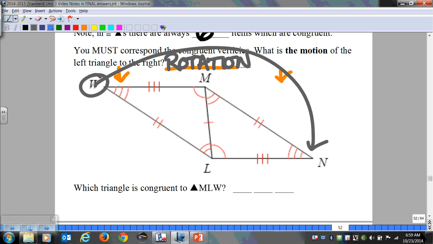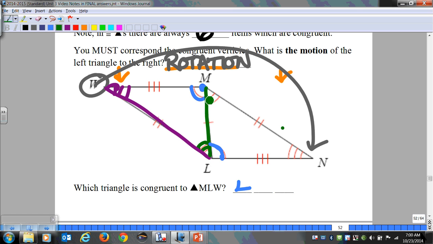Now watch the order of the letters. M, L, W. M, single. L, double. W, triple. I'm going single, double, triple. I must go the same order on the right-hand side. Single, double, triple. And single would be triangle L, in this case.